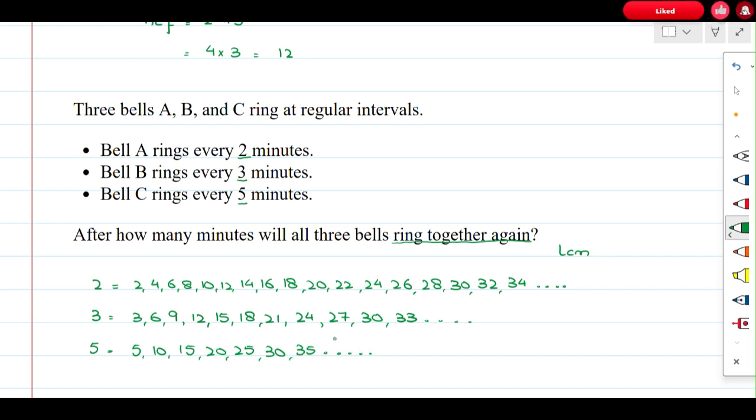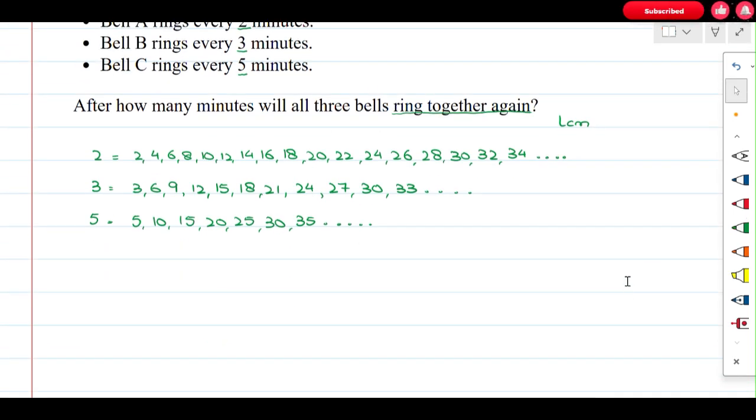In all three lists of multiples of 2, 3 and 5, we need to pick the least and common one. Which multiple is common, and that must be least? 6 is common in these two, not over here. Then 10 is common in 5 and 2, not in 3. 15 is again common in 5 and 3, not in 2.